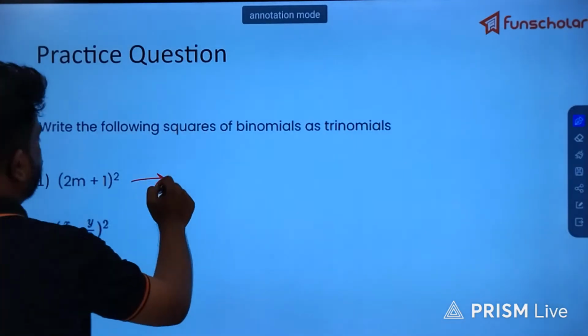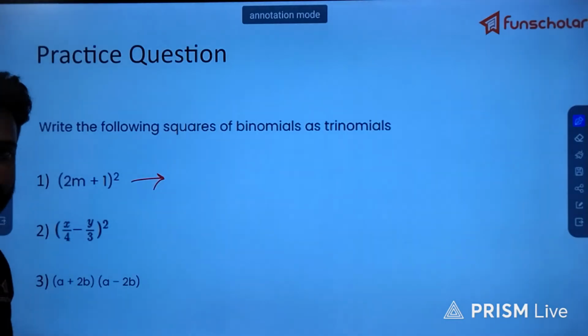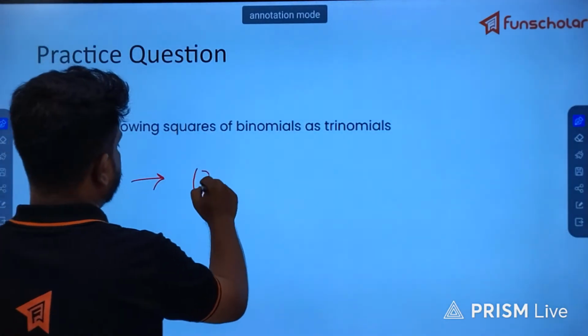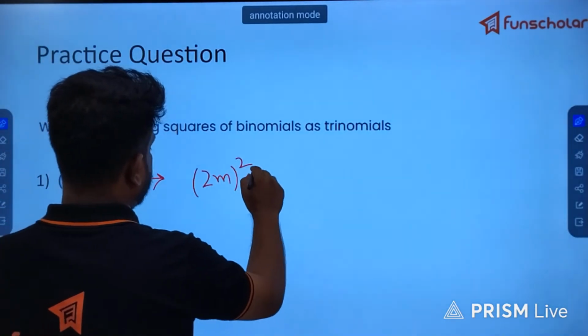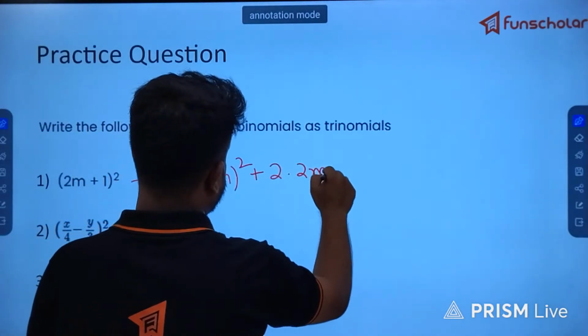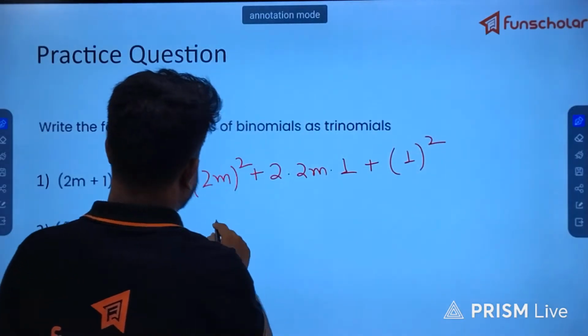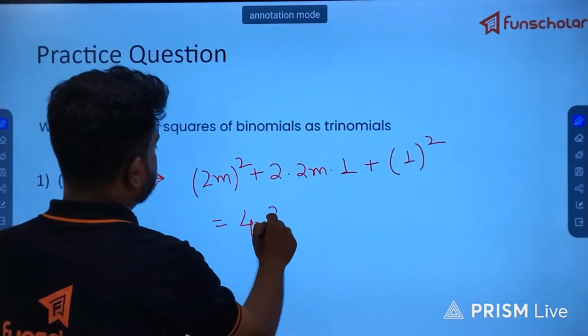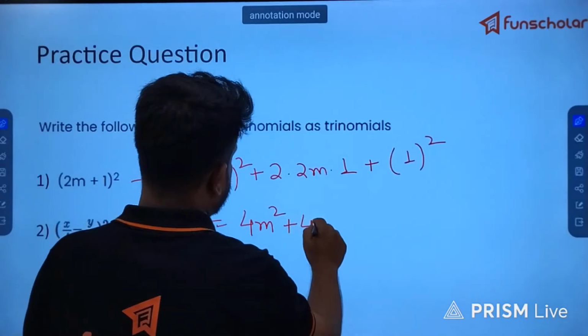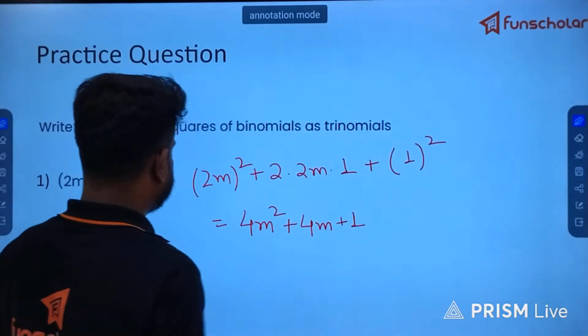The formula we already know is a square plus 2ab plus b square, so it will be 2m square plus 2 into 2m into 1 plus 1 square. So it will be 4m square plus 4m plus 1.